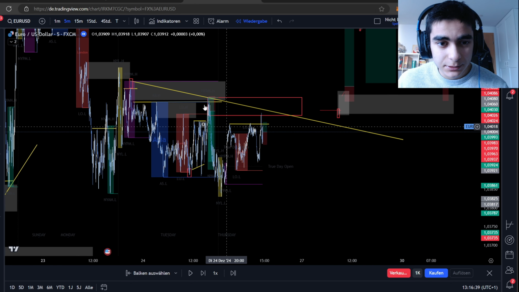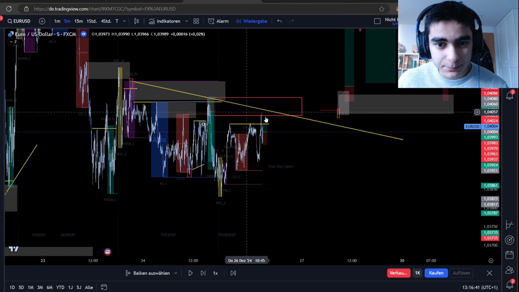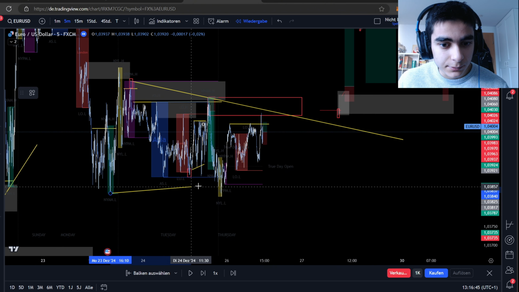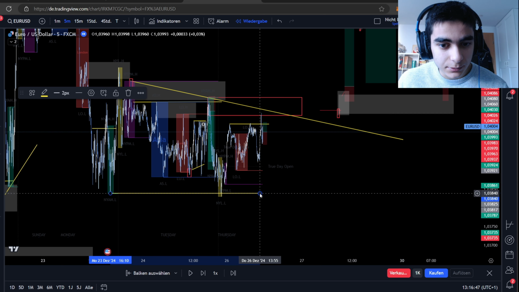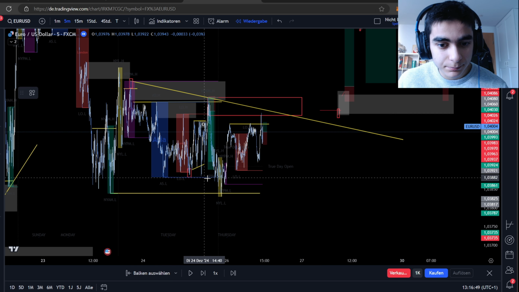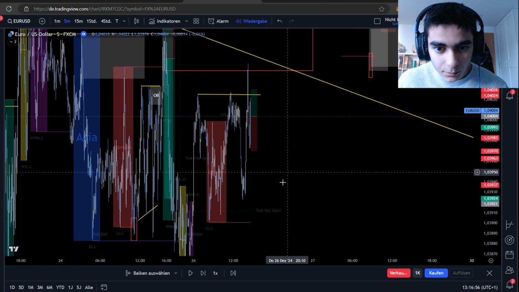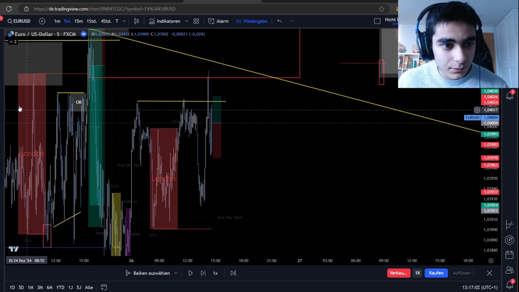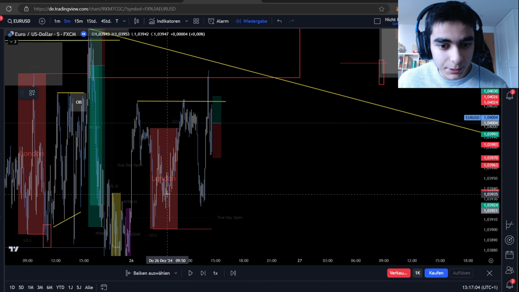Because if we zoom out, we have this build up of a trend line. This could be our creative sweep. Made a high, a low, a higher high. Came back to this area.